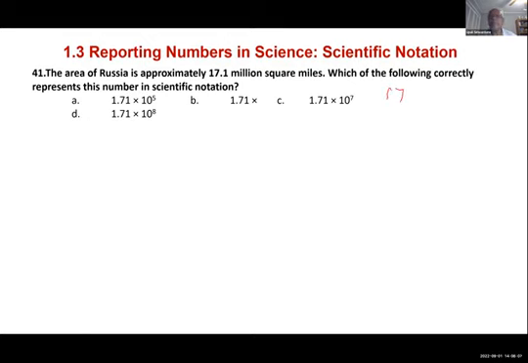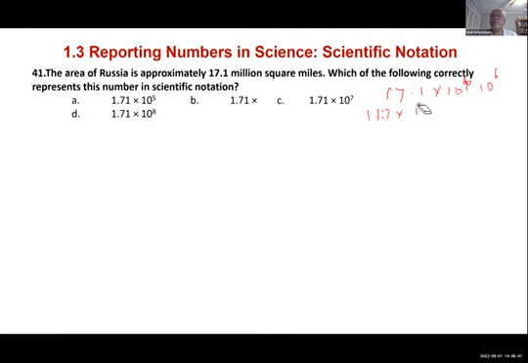17.1 multiplied by 10 to the million. Million is 10 to the 6. Okay.